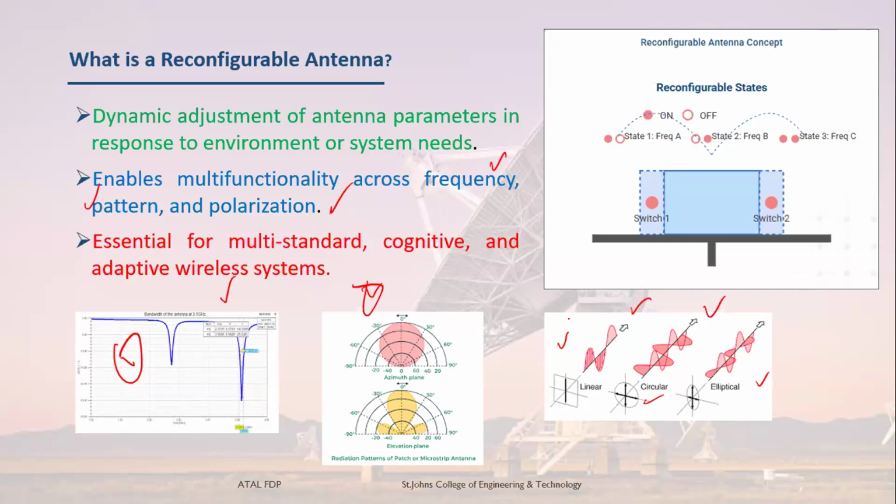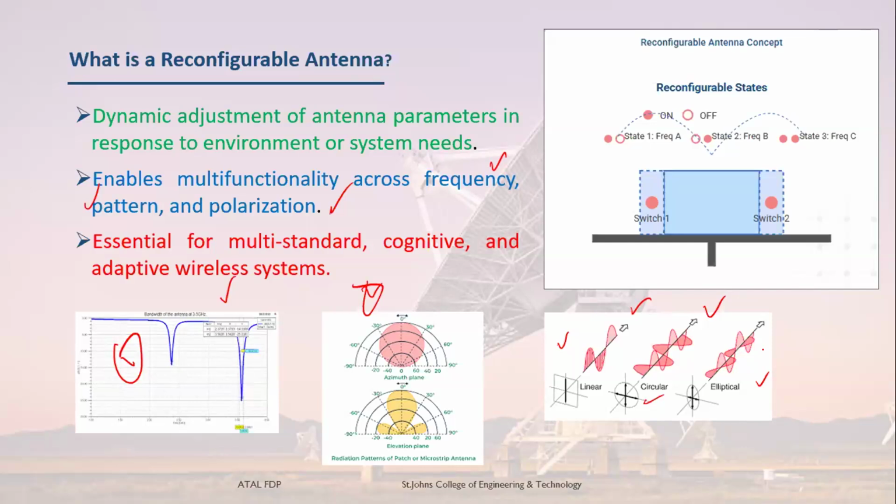If the transmitting antenna is vertical, the receiving antenna must also be vertical. But with a circularly or elliptically polarized antenna, the orientation of the antenna does not play any role in getting the signal. That is one important advantage.